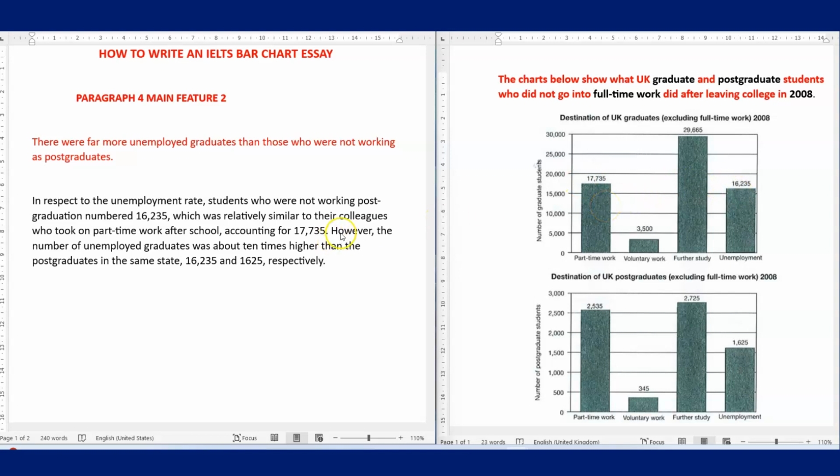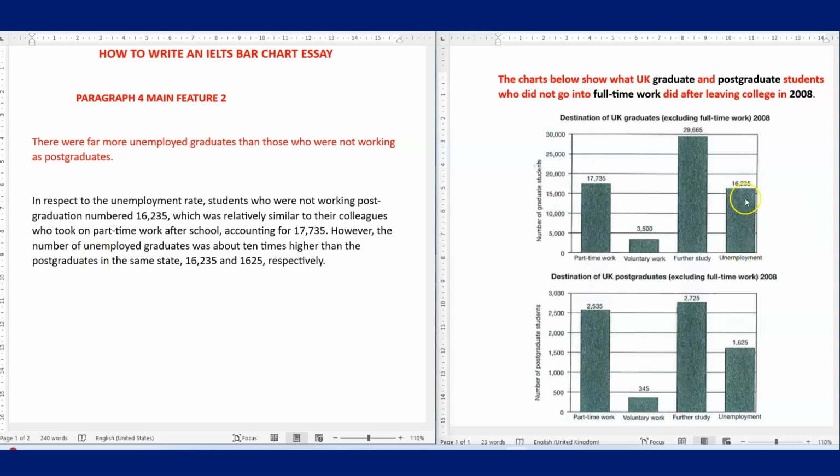Okay, and we went on to the second sentence. However, the number of unemployed graduates was about 10 times higher than the postgraduates in the same state.